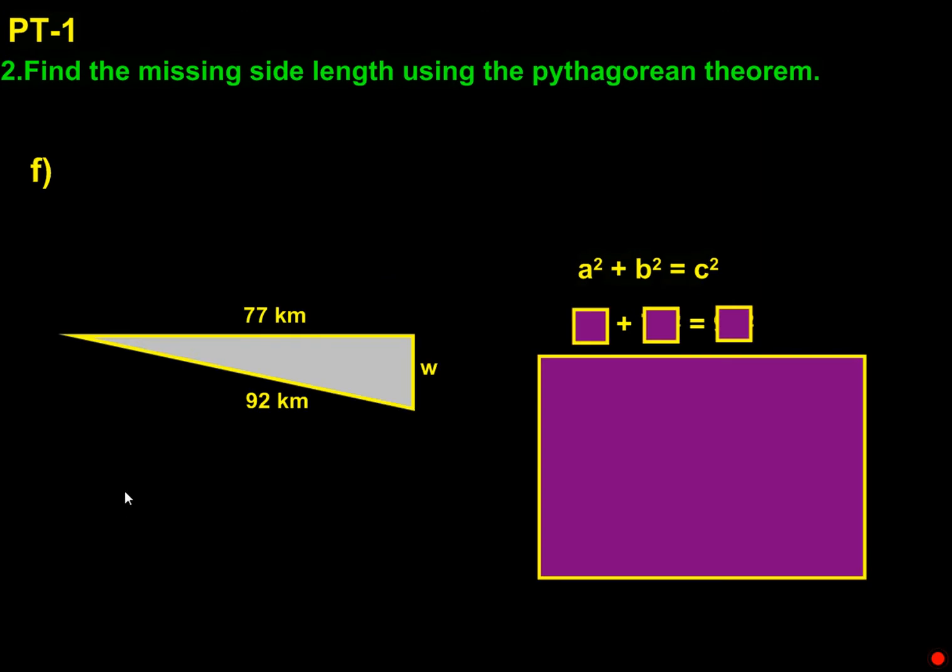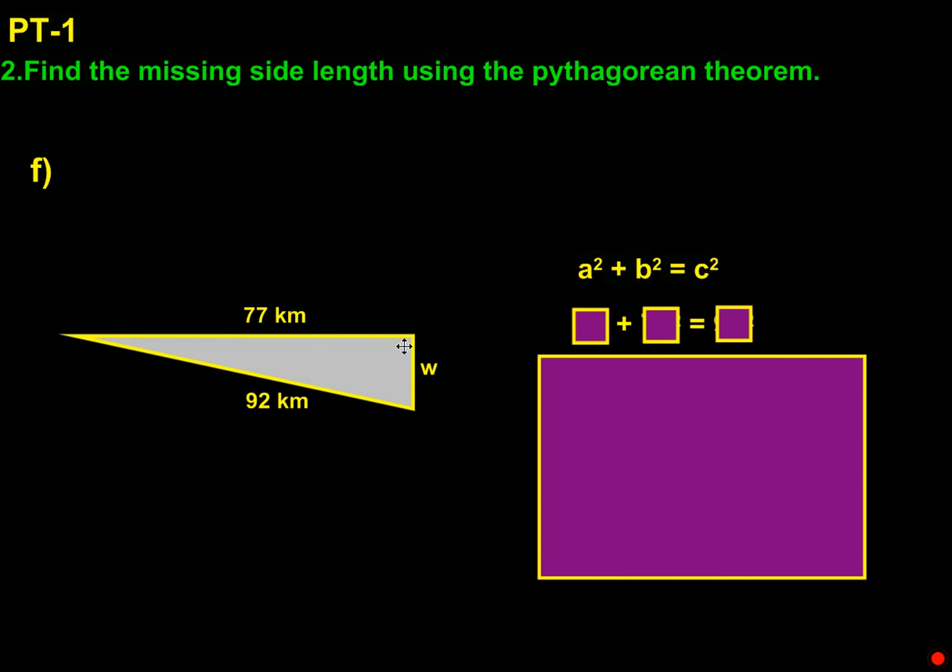Next, we're going to take a look at 2f. We have a triangle with two sides given, 77 kilometers and 92 kilometers. I need to determine which of these three angles is my right angle, and it's not quite so easy to figure out on this triangle.